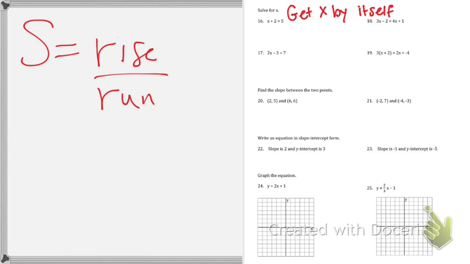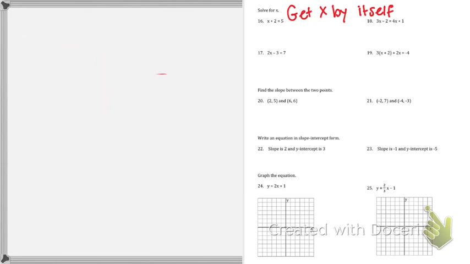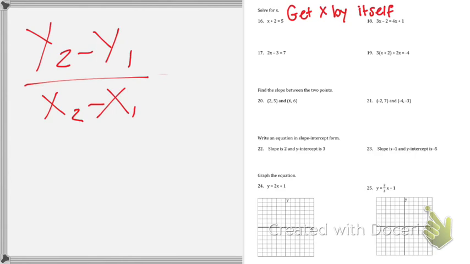Slope between 2 points: y2 minus y1 over x2 minus x1. All right, so x1, y1, x2, y2.